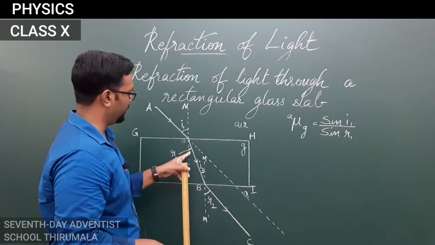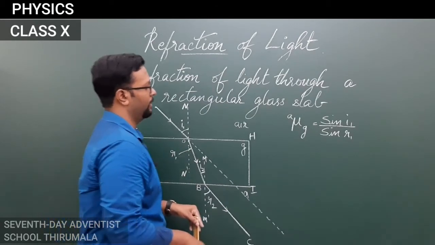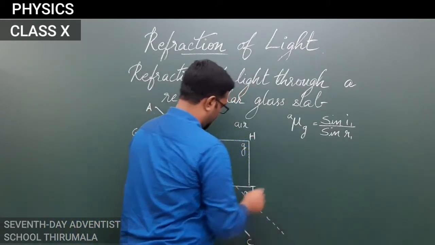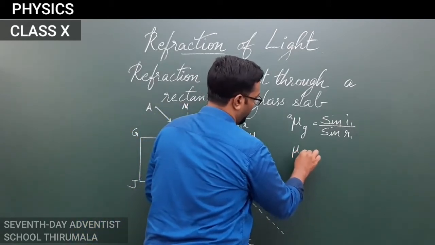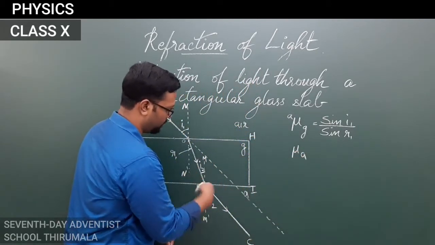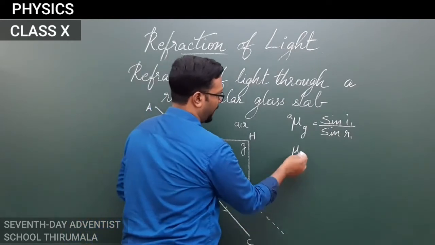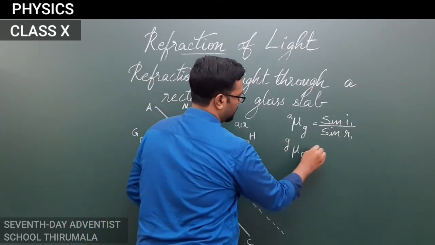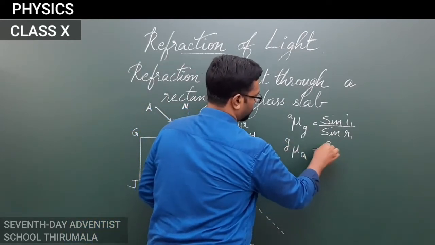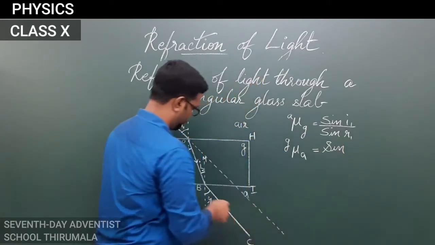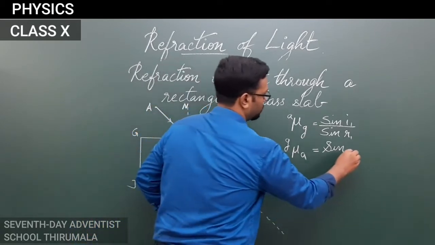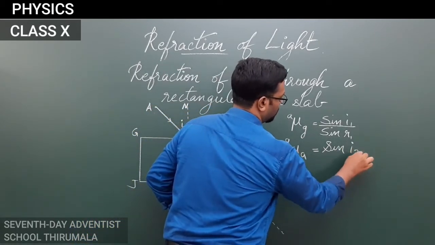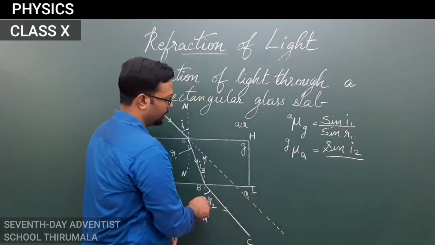Then similarly at this junction, because the light ray is traveling from glass to air, we can write the refractive index of air with respect to glass is equal to sin I2 divided by sin R2.